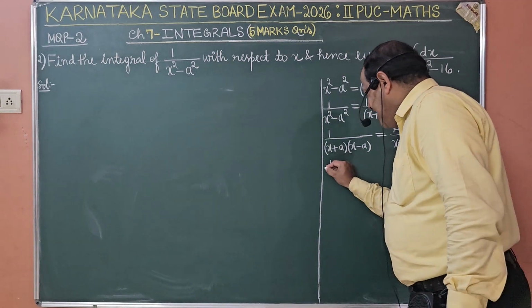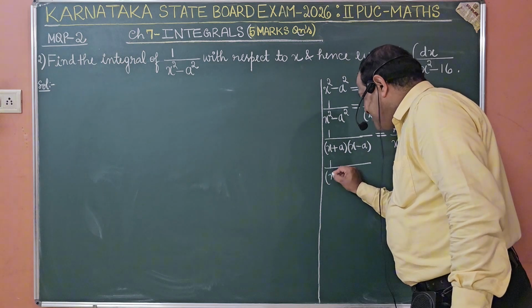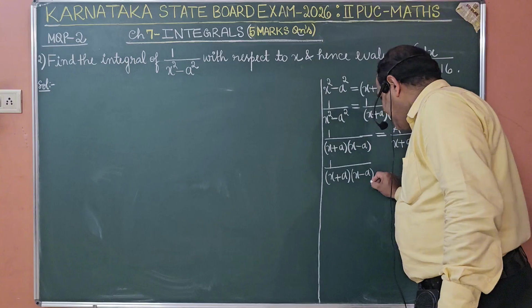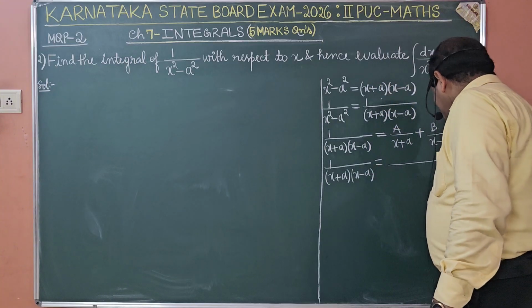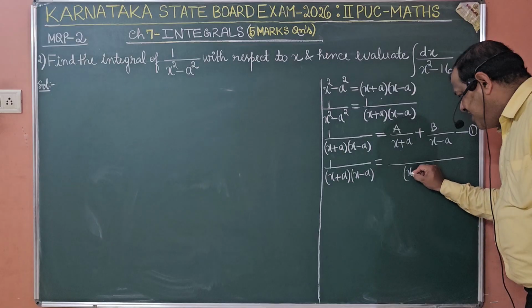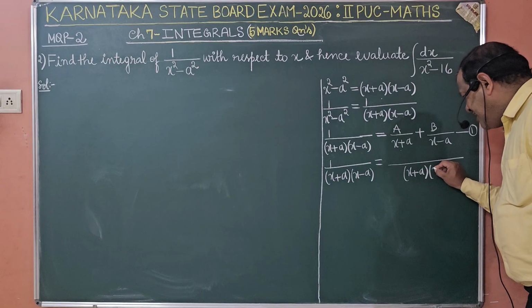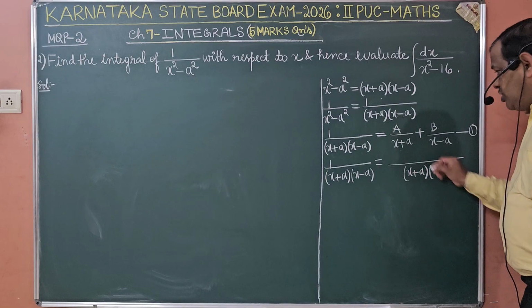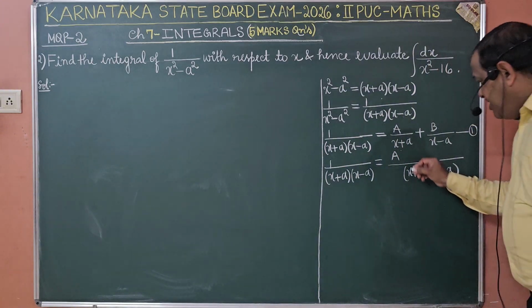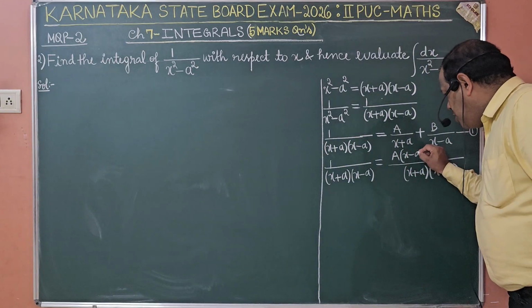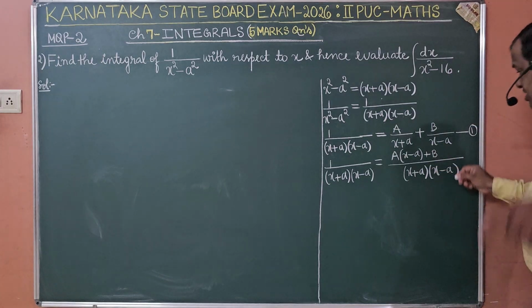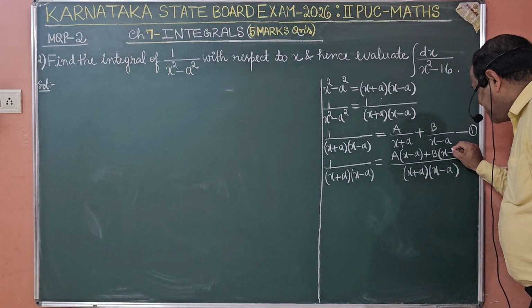So I will take LCM on the right hand side. Left hand side as it is, 1 by x plus a, x minus a. Right hand side, multiply both denominators. That becomes the LCM, x plus a, x minus a. And now numerator of first ratio into denominator of second ratio plus numerator of second ratio into denominator of first ratio.